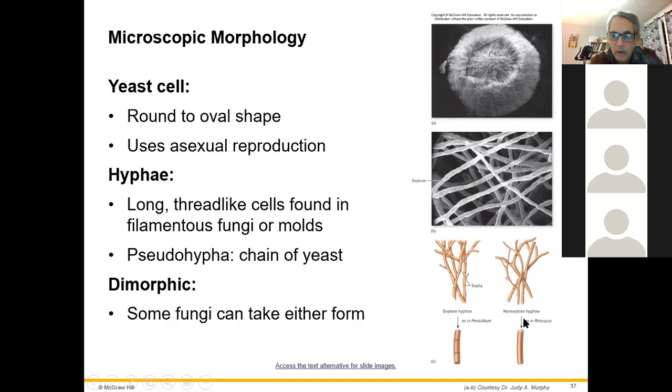And also non-separated hyphae. I was showing you the 2 differences here. These are able to form septa and separate out, as in penicillin. And this is another mold called Rhizopus that doesn't have these septa where they can separate from each other.